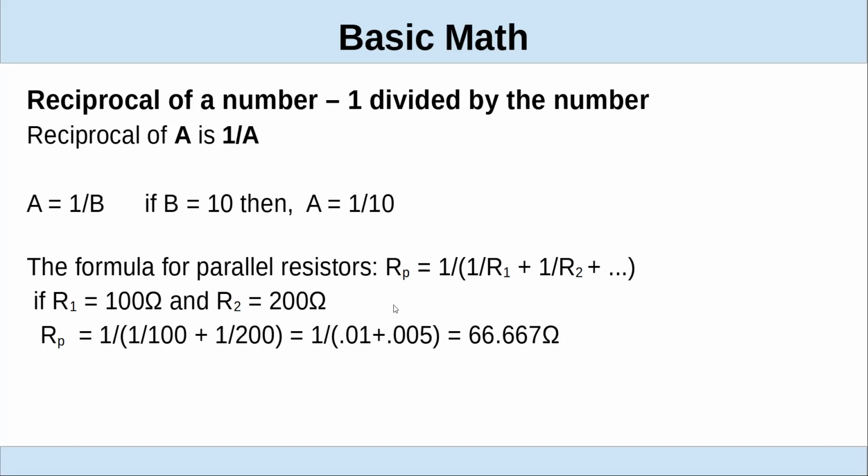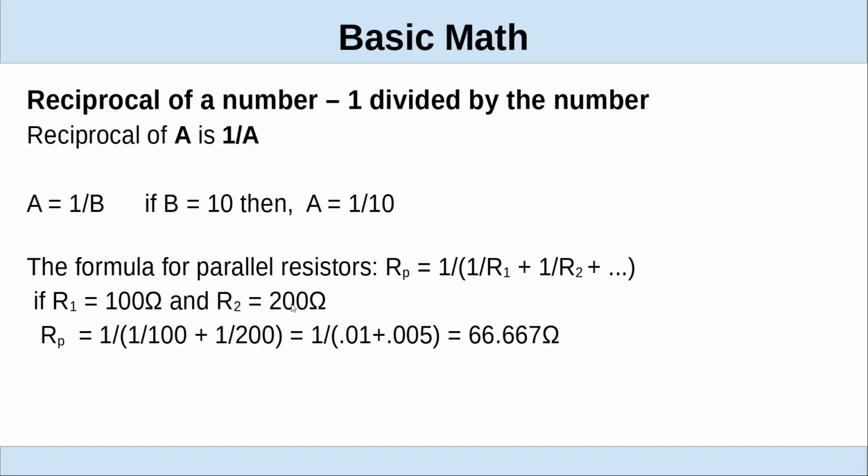The one thing that will help you on the test when you get one of these questions, just to make sure you're in the ballpark, when you have parallel resistors or series capacitors, which is also the same kind of formula, the result is always going to be less than the smallest value. So here, the smallest one was 100. Our answer was 66.